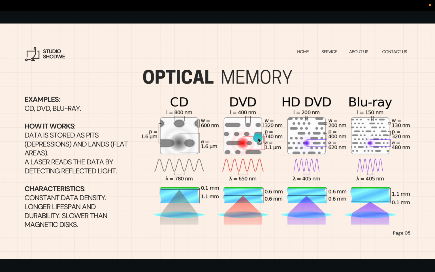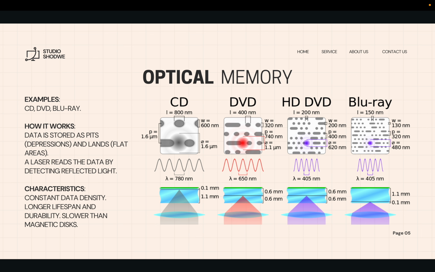Let's talk about optical memory. Optical memory, such as CDs, DVDs, or Blu-ray discs, stores data in the form of bits and lines on the surface of the disc. A laser beam reads the reflected light patterns from these bits and lines to retrieve data.